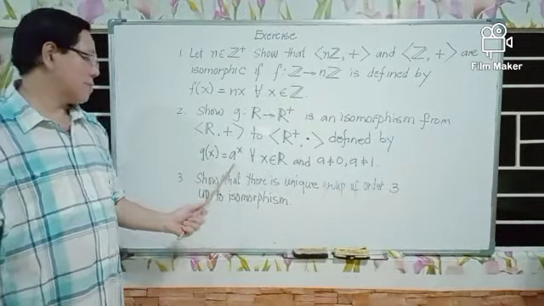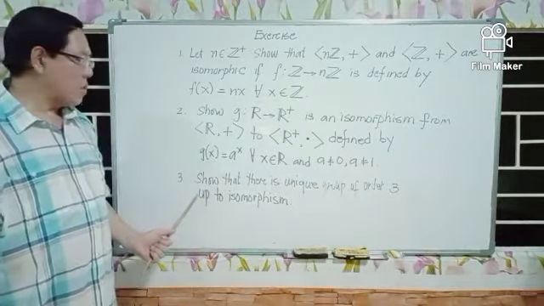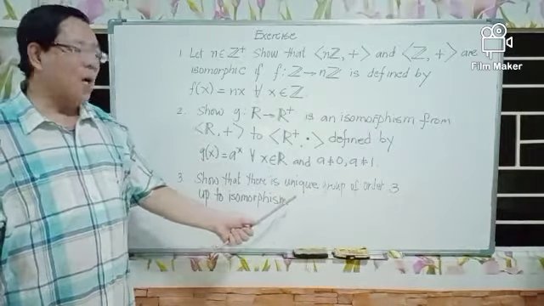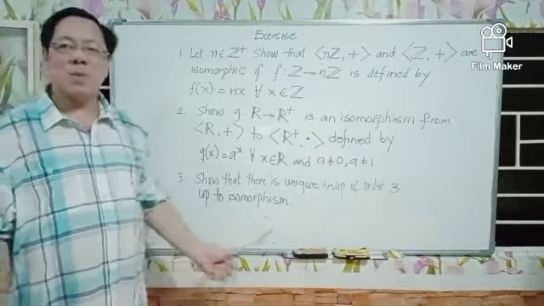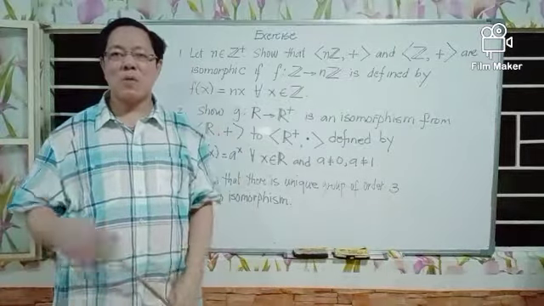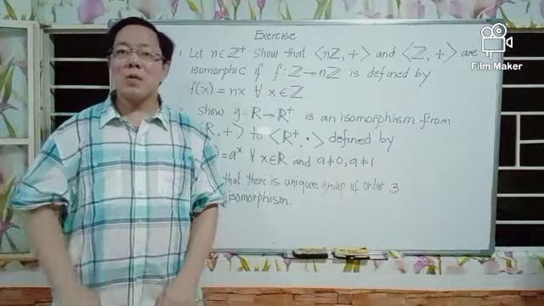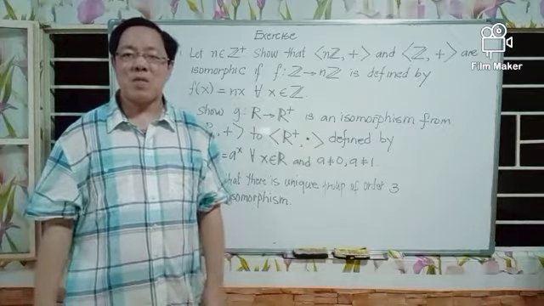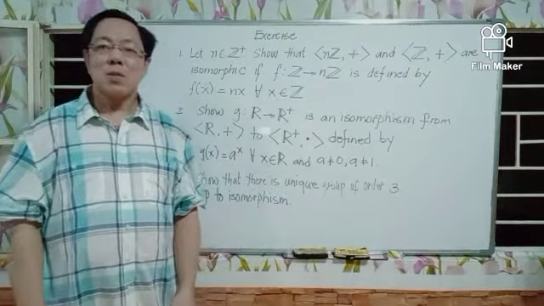Number 3, show that there is a unique group of order 3 up to isomorphism, like what I did in the last example. To show that there is a unique group of order 2 up to isomorphism, I constructed two groups.